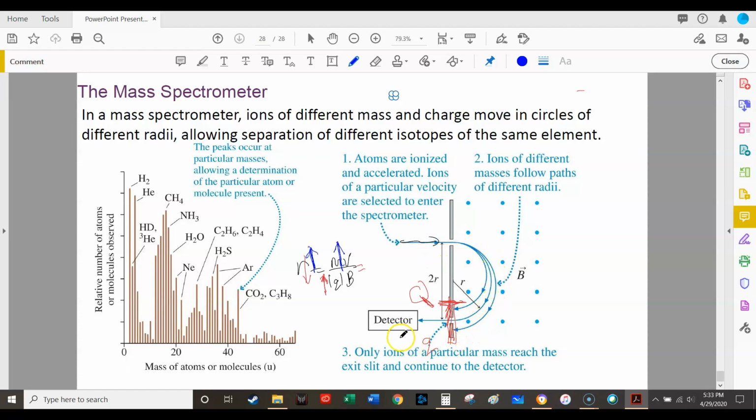So a heavy mass object will also land in these lower detectors, and a smaller mass will end up in these detectors closer to the center of the circle. Okay, so that's how we could actually use a mass spectrometer to figure out not only the charge of the particle, but also how much of a charge the particle has.